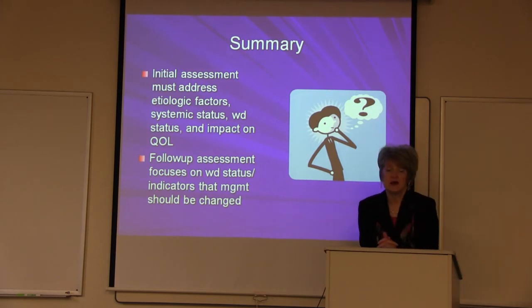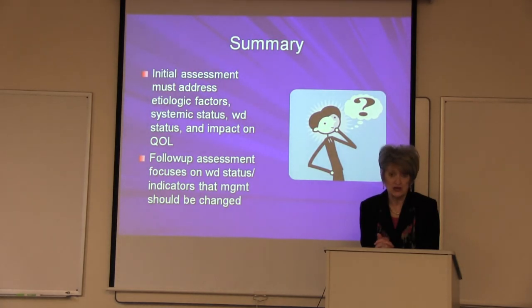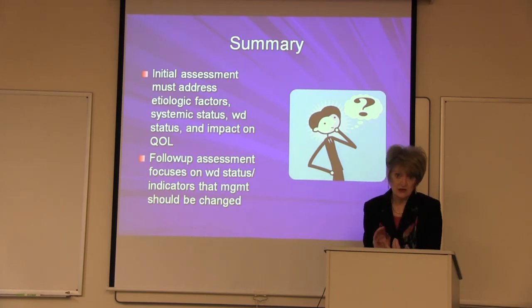So in summary, assessment is the baseline for your whole management plan. You want to do a really good job of it and you want to document it. Your initial assessment should address etiologic factors, systemic support for healing, wound status, and impact on the patient. Follow-up documentation primarily focuses on changes in wound status that would affect therapy, whether or not the wound's on track, deteriorating, or plateaued.